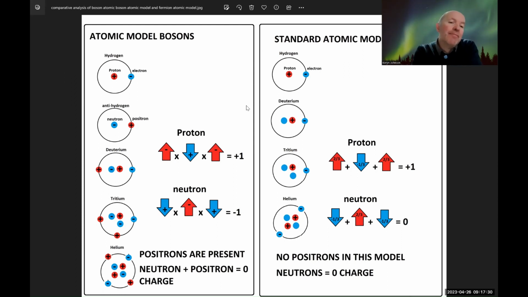Again, in helium, we have two protons, two neutrons. So in the nucleus, you have an overall charge of 0, a stable atom. And in the orbital layer, we have two positrons and two electrons, overall charge of 0.